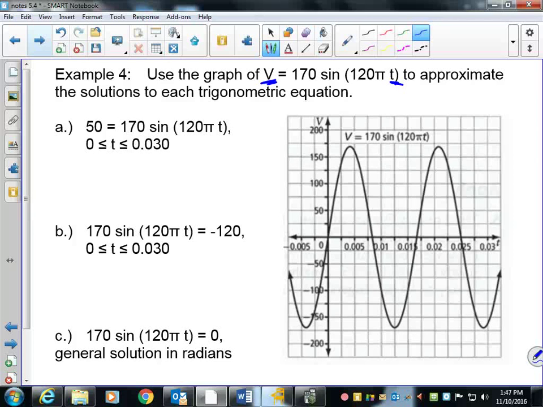So, solve for when this equation is equal to 50. Well, this equation is equal to 50 here, here, here, and here between 0 and 0.03. So what are those values? It just says to approximate the solutions, right?